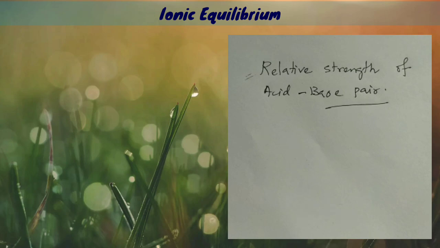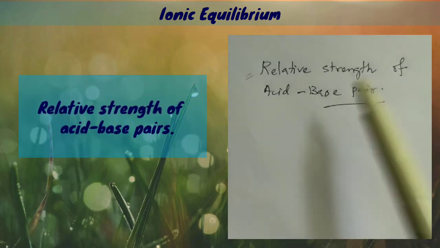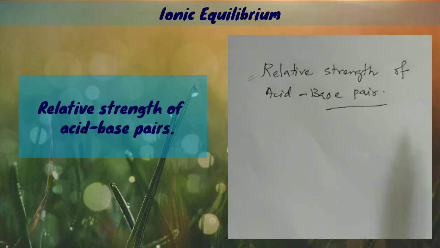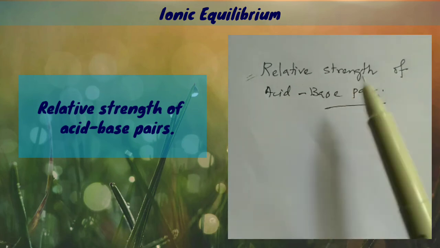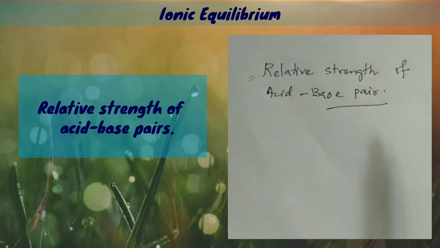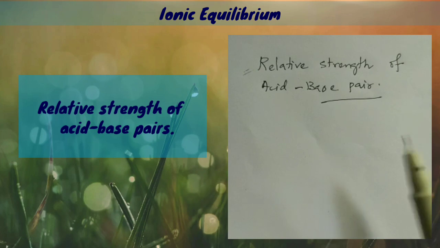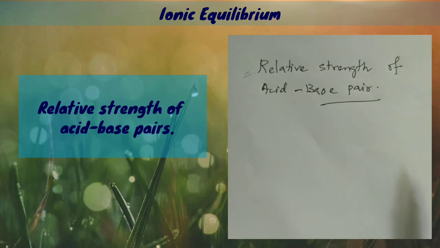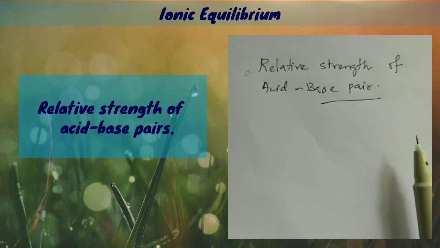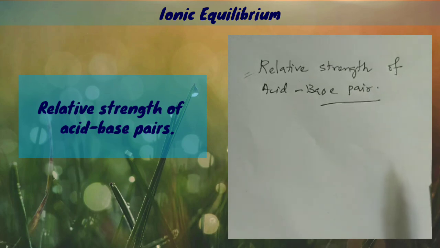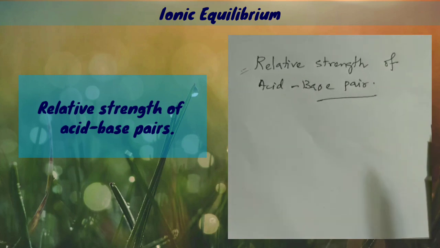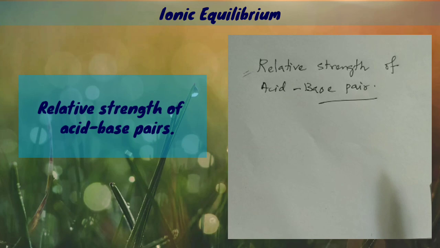Okay, so in the next class we're going to discuss the relative strength of acid and base pairs, and from the relative strength of acid and base pairs we get the idea about weak acids and weak bases. By knowing that strength, that means whether an acid will act as a weak acid or a weak base, we will apply the ionic equilibrium concept.